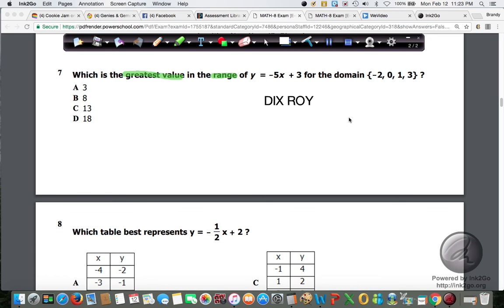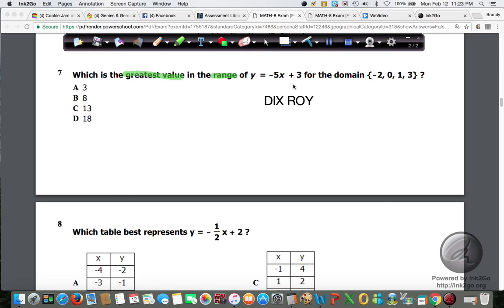Because Dixroy will tell you what is range. Are we looking for the biggest X? Well, that'd be easy. All I'd have to do is look. Or am I looking for the biggest Y? Range. Which one of these would they stand for? I think you know. Domain is going to be the other one that we have to plug in.